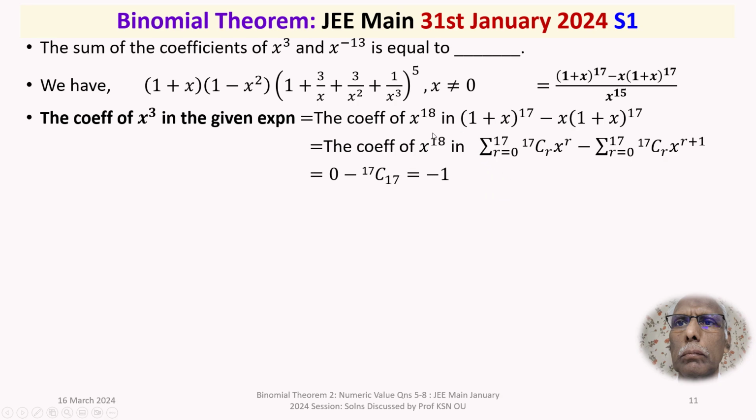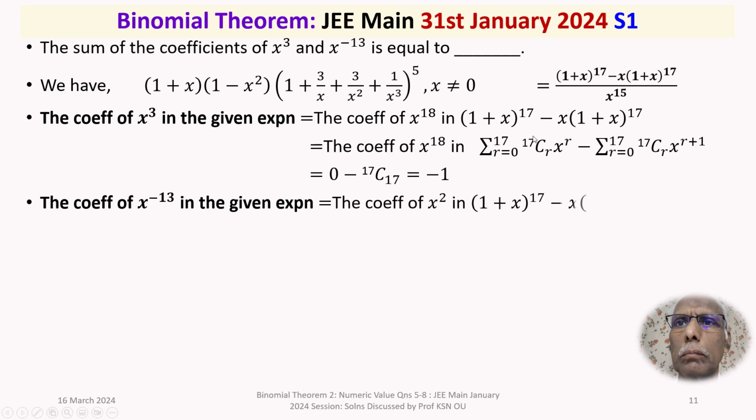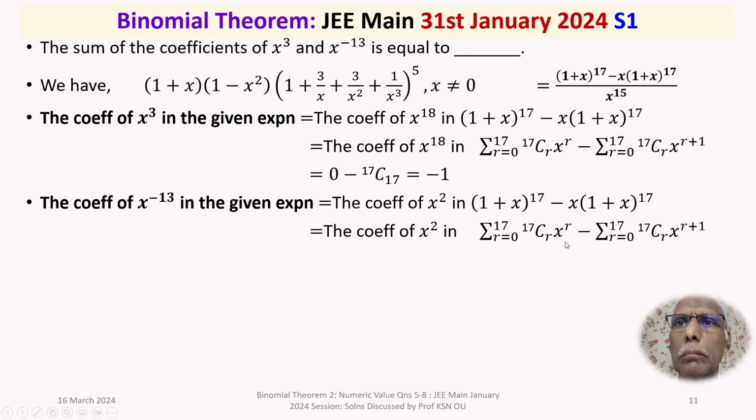Now what is the coefficient of x⁻¹³? -13 means you have to get the coefficient of x² in the numerator. Expand this one: the coefficient of x² in Σ (r=0 to 17) ¹⁷Cr xʳ minus Σ (r=0 to 17) ¹⁷Cr xʳ multiplied by x, that is x^(r+1).